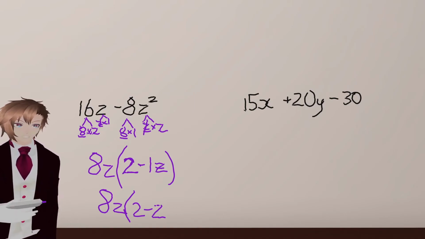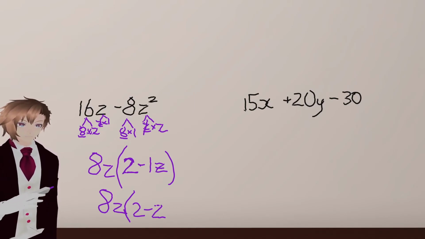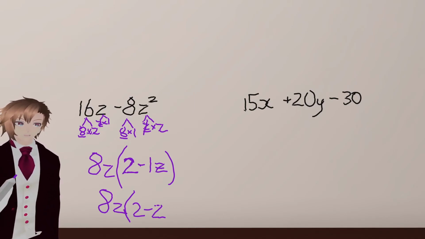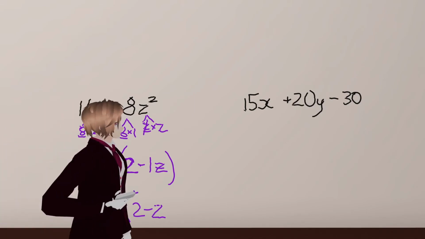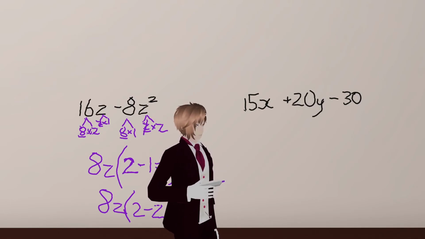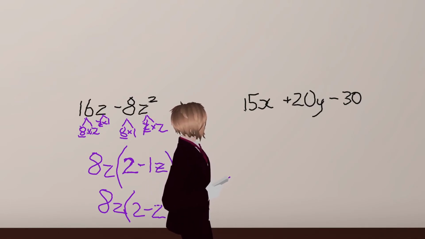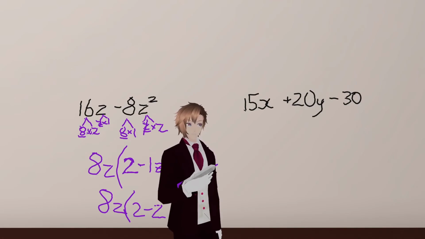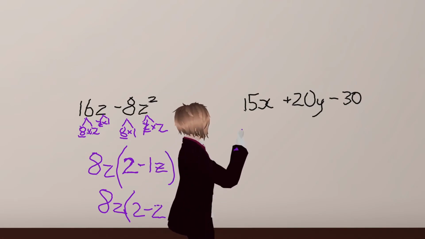Now this one has 3 terms. So we're going to look at each one individually and find the highest common factor. Are there any letters that are the same? Are there any pronumerals that match? Well, not in this one, so we don't have to worry about them. So let's have a look.